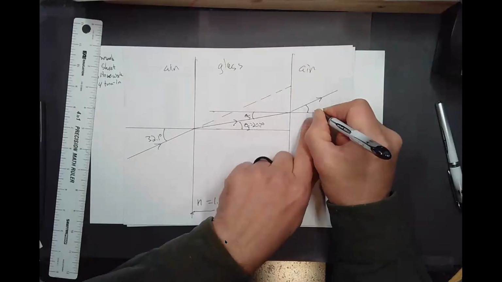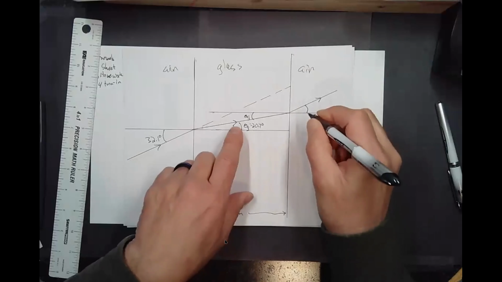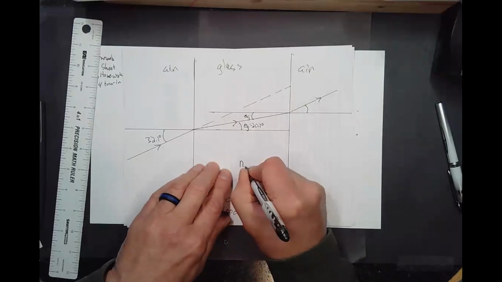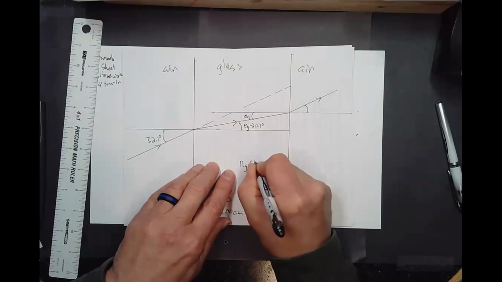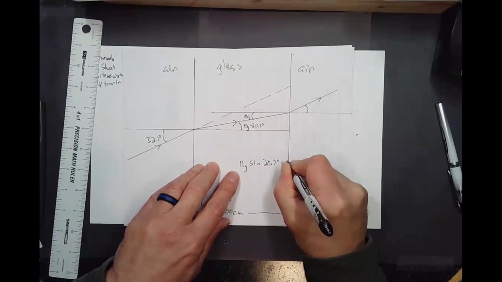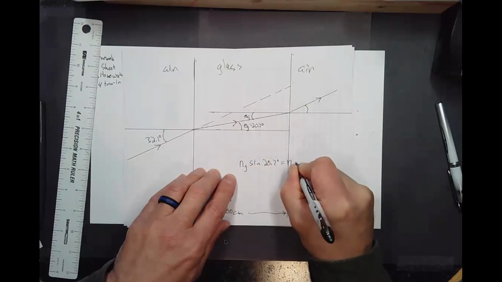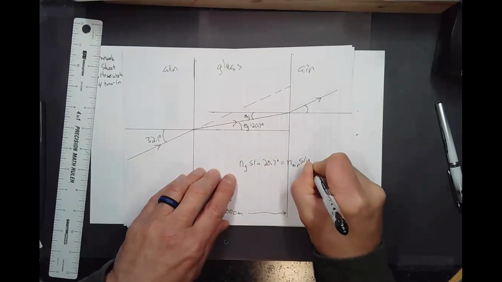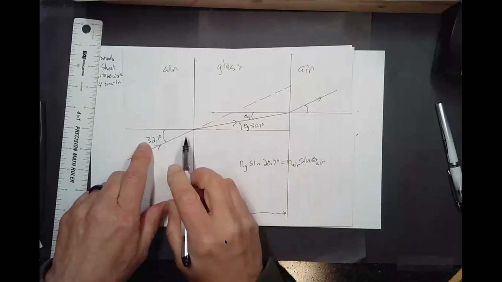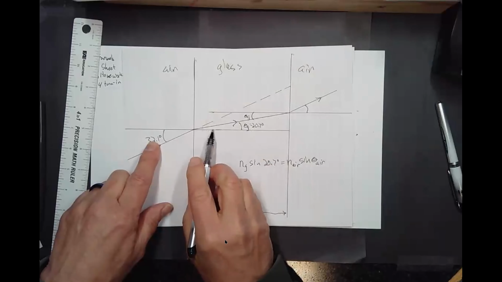I'd be back to 32.1 degrees over here, because what I would have at this interface is in glass, sine of 20.7 degrees is going to equal N for the air, which is 1, times the sine of theta sub air. That's the exact same equation that I had over at this interface.